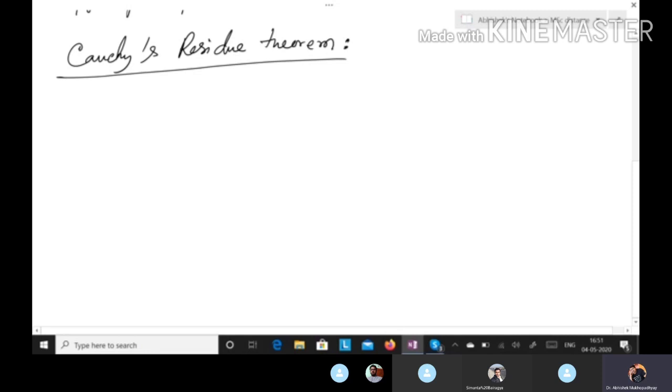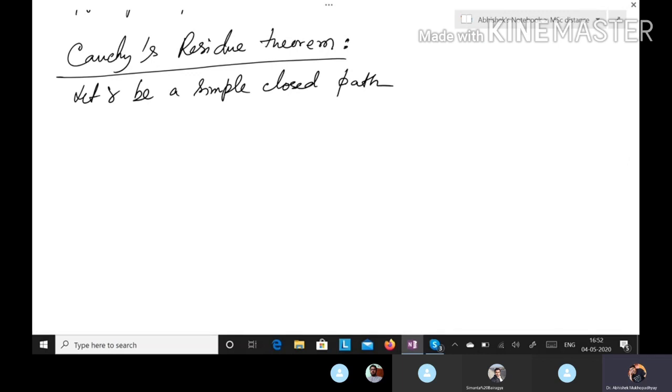The statement of the theorem is: let gamma be a simple closed path. What does it mean by a simple closed path?